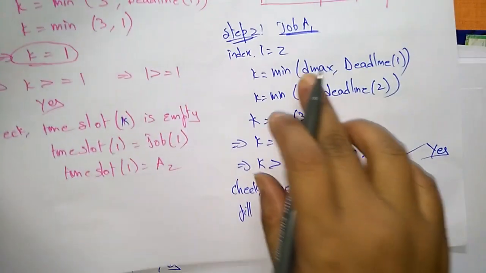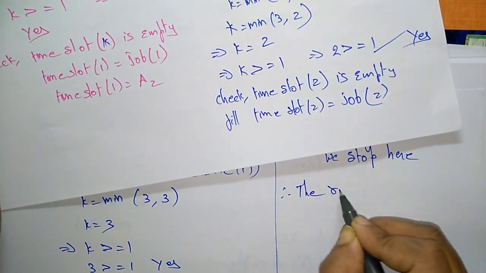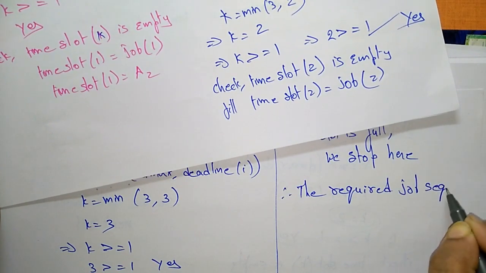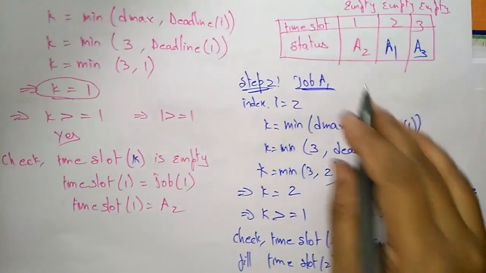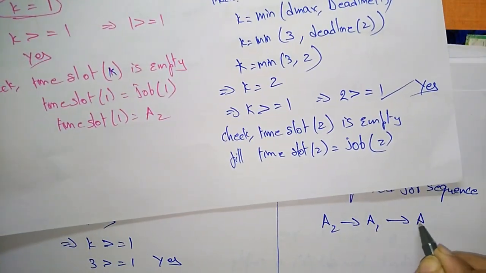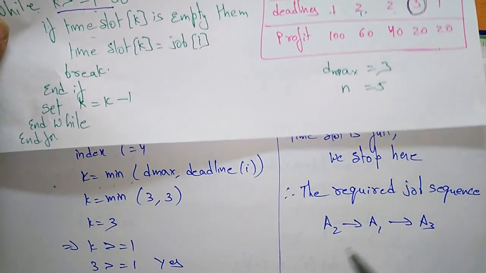So what is the required job sequence here? Therefore the required job sequence is A2, A1, A3. What is the maximum profit of A2, A1, A3?